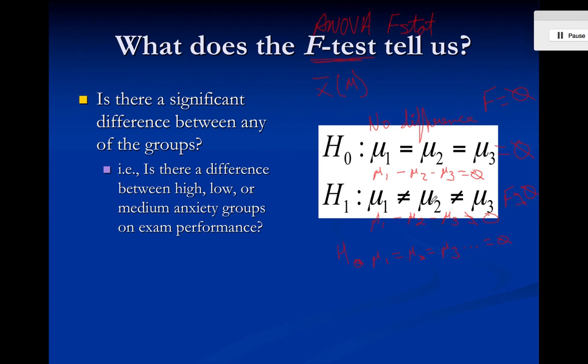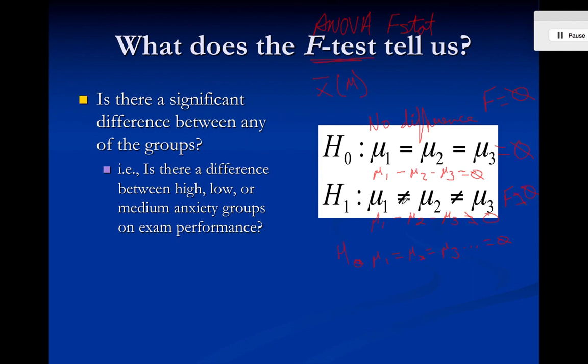I didn't see that written here. In the case where you would assume that group 2 would be different from group 1 and group 3, it would assume the alternative hypothesis, because the alternative hypothesis is just assuming the groups are not equal to each other. Which groups? Any of the groups or some of the groups. That's essentially what it's saying. So the alternative hypothesis is kind of tricky here: it's saying none of the groups are equal to each other, or in some cases, some of the groups are not going to be equal to each other. The null always predicts that all the groups are equal to each other.